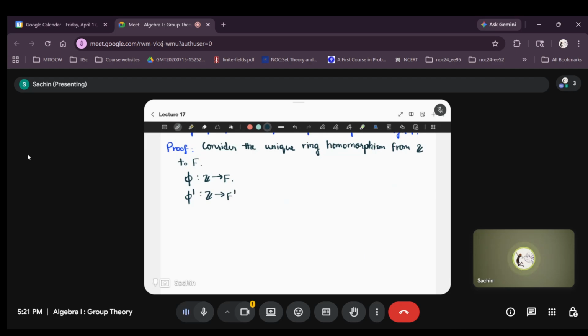But for each ring, there is only one homomorphism from Z to that ring. Whereas with group homomorphisms, you can have different group homomorphisms from Z to F itself, because there are lesser restrictions for the group homomorphism condition. Phi of 1 does not have to be 1 in a group homomorphism. That condition forces the values in the ring homomorphism and you end up with only one possible ring homomorphism.